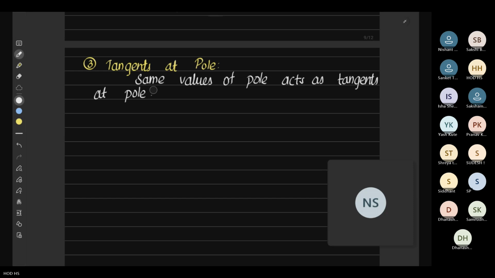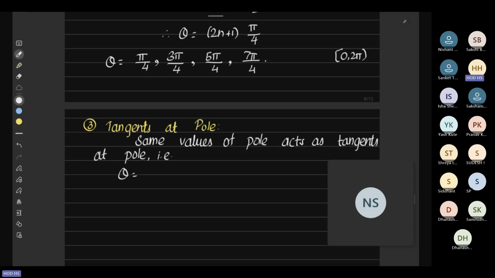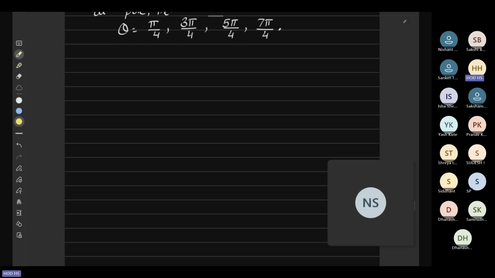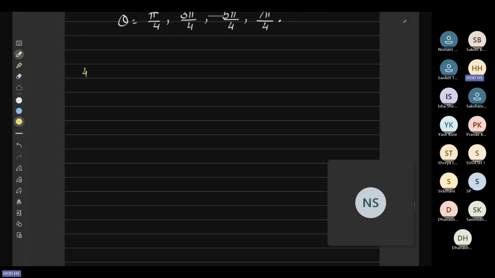That is, theta is equal to these values again, pi by 4, 3 pi by 4, 5 pi by 4, and finally 7 pi by 4. So later we will calculate region of existence.